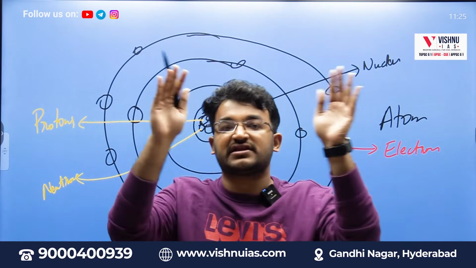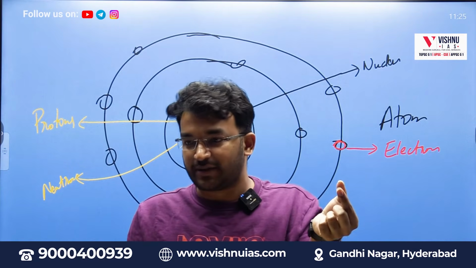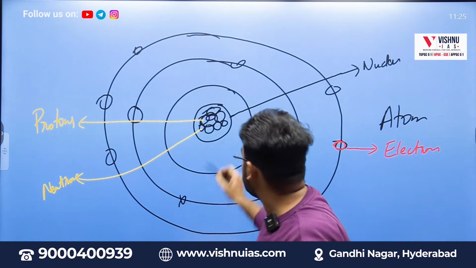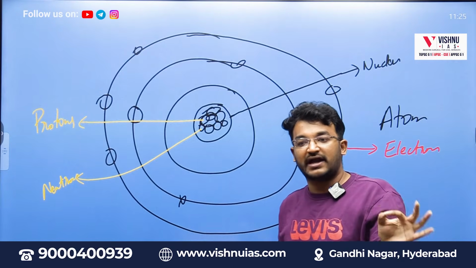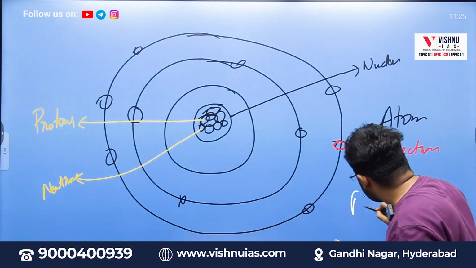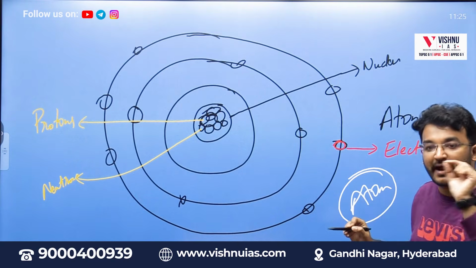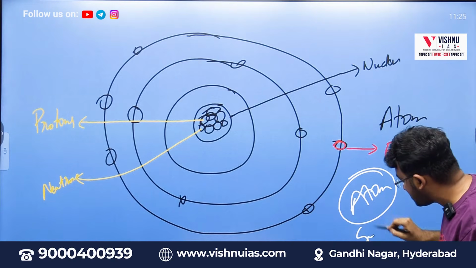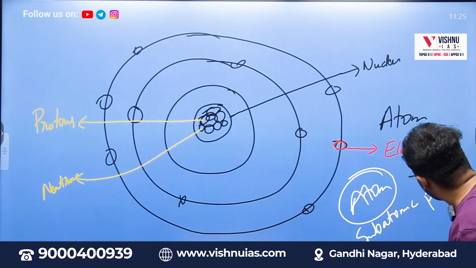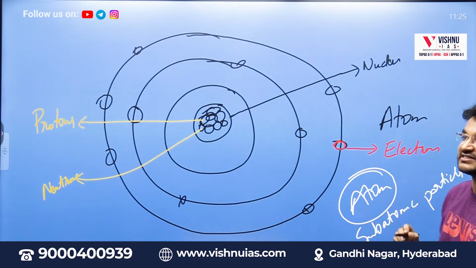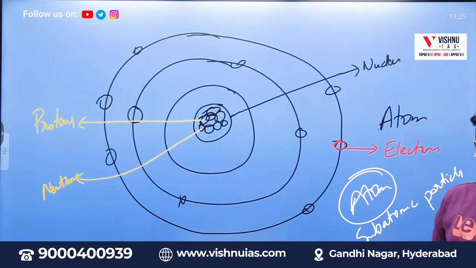Since we are calling this whole as atom, we are calling the inside particles as subatomic particles. Now tell me, what are the different subatomic particles in this atom?